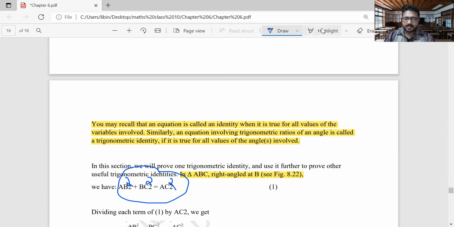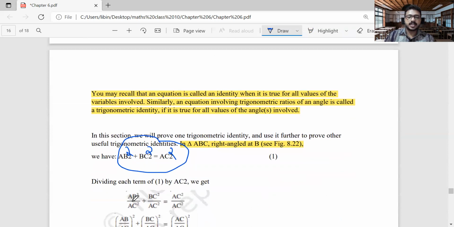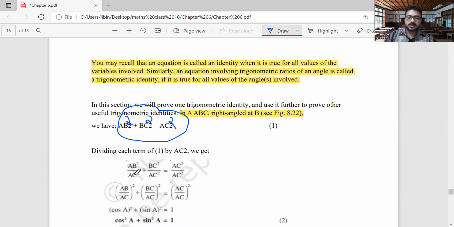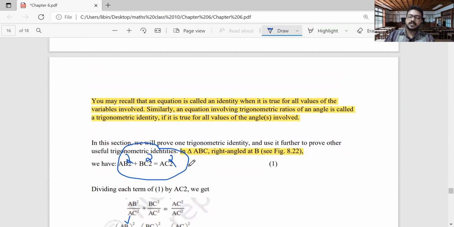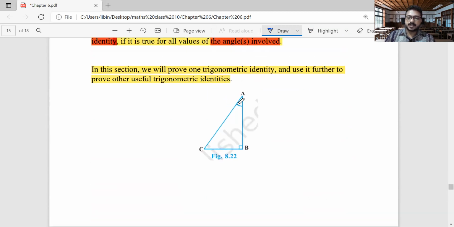Okay, just wait, why we are dividing. So when we divide, we can see that AB squared divided by AC squared plus BC squared divided by AC squared is equal to AC squared by AC squared. So we can write AB by AC whole squared, and similarly. And actually, what is AB by AC with respect to the angle?